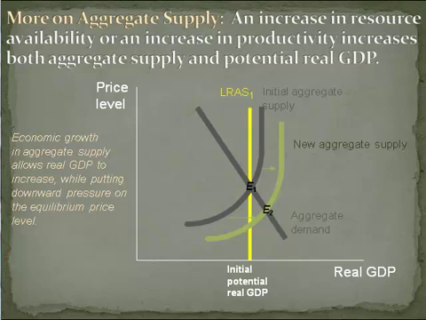Economic growth in aggregate supply allows real GDP to increase while putting downward pressure on the equilibrium price. So GDP increases and there can be downward pressure on equilibrium price. When this happens, if equilibrium were to remain at that level, there would be an increase in potential real GDP.